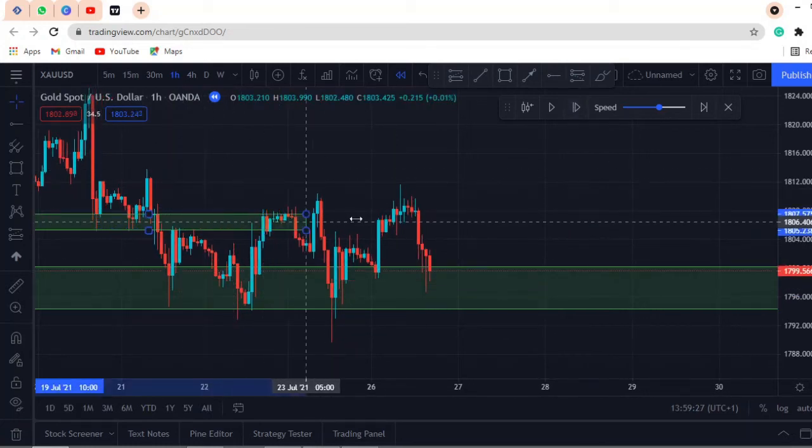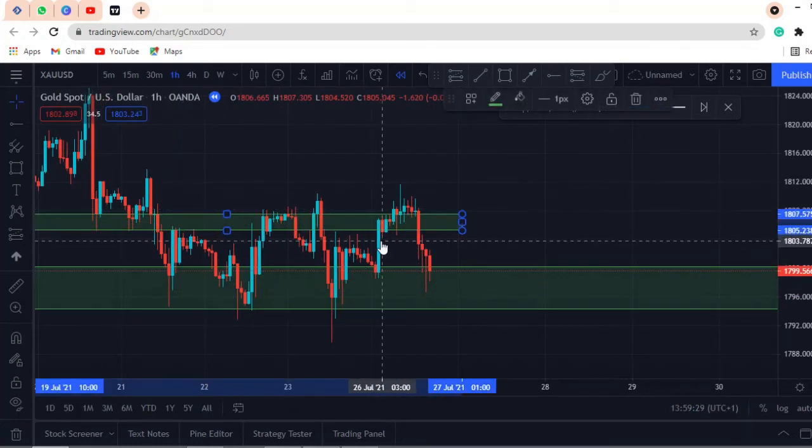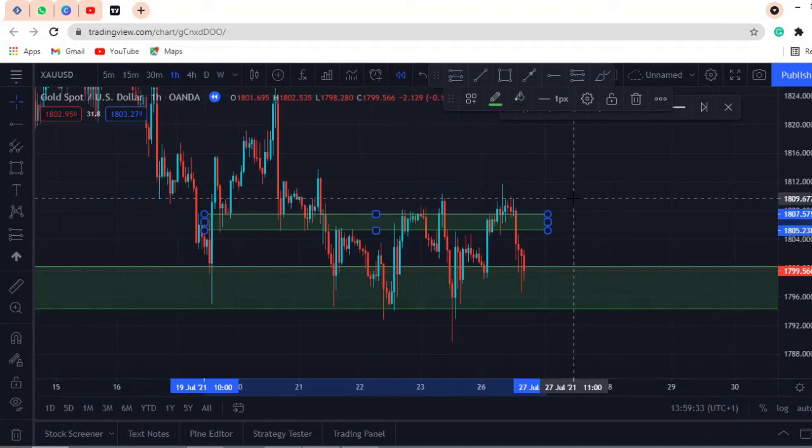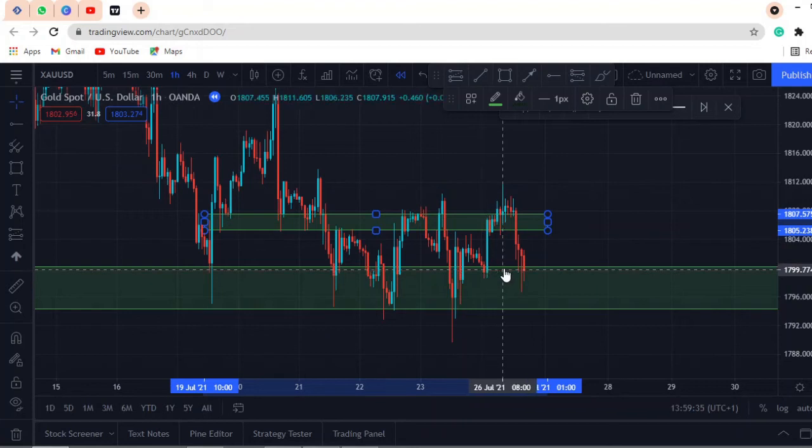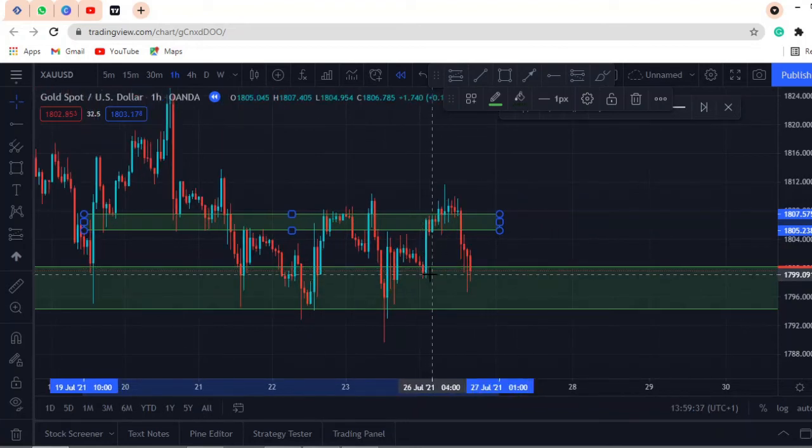If I adjust this, you can see that it's really obeying these two levels here. So this was the move that we caught also on the 26th. This one bar here we caught on the 26th.